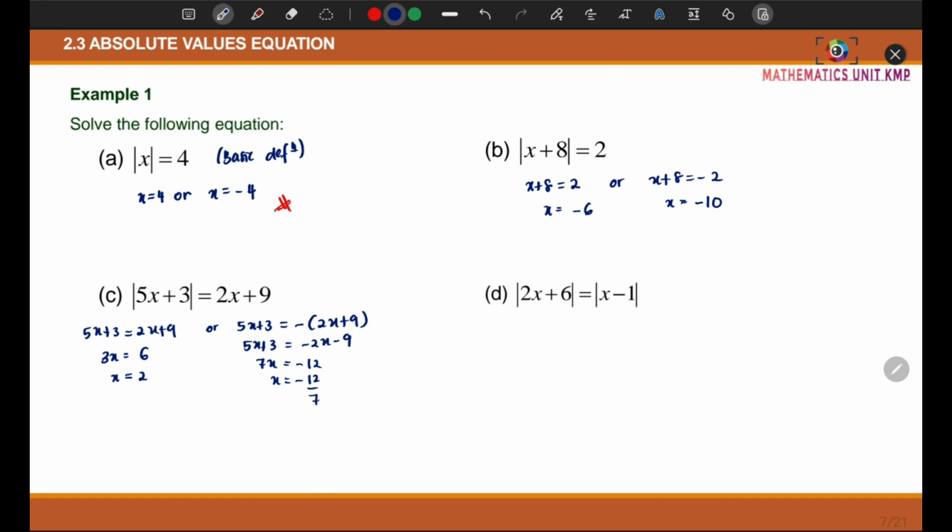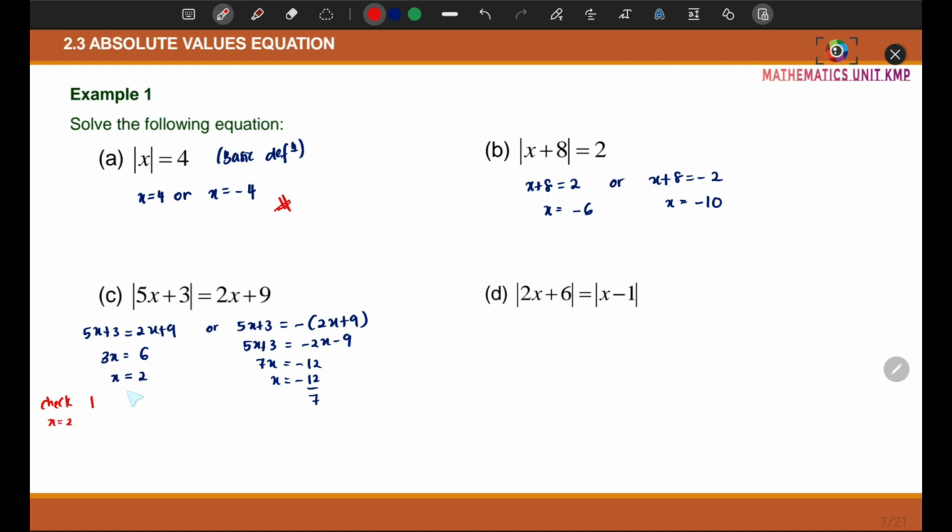You need to check whether these two values of x can be accepted, because we know that any value inside the absolute value, inside these two lines, will become positive. But here, the right side doesn't have the absolute value, so it can be positive and it can be negative. So we need to check both values. The first one, we check x equal to 2.